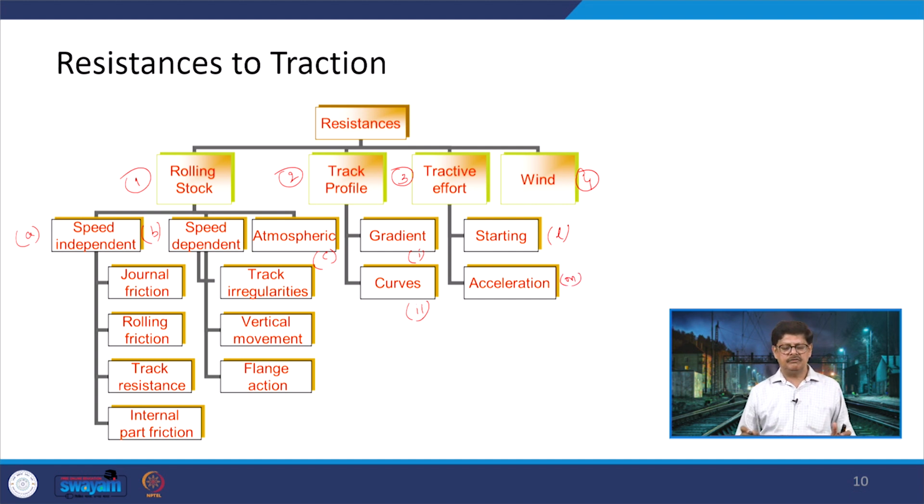So, these are the varied resistances which can be offered, and if these are being offered, then the locomotive has to counter these resistances so that it can haul the wagons or the train on that particular track. So, these two are correlated. We say that resistances are correlated with the hauling power, or we can say the hauling capacity.